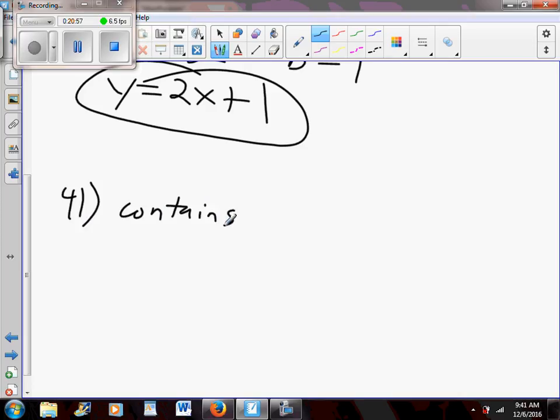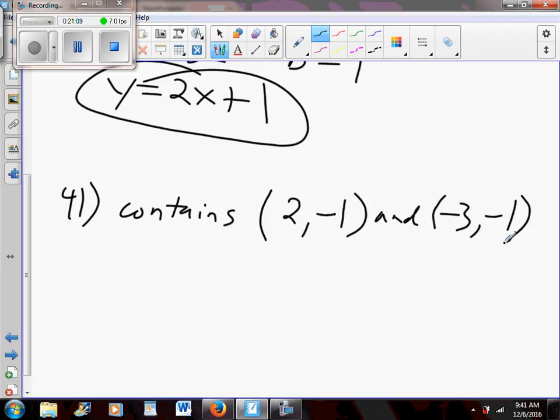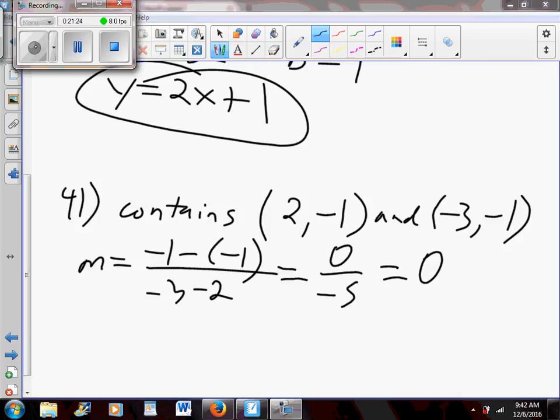The line contains these 2 points right here: 2, -1, and -3, -1. So keep in mind what you've got to do here. You're going to have to use your formula for slope, and we've got to figure out what the y-intercept is going to be. So it's the way that we had done this.